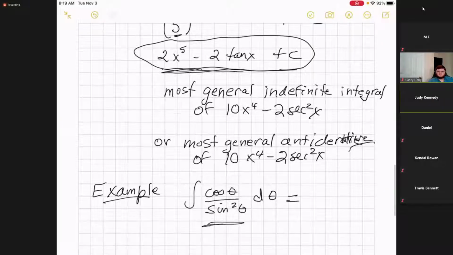Okay, so what do we do? Well, you change the form of the function. You don't change the function, you just change the way it's written.